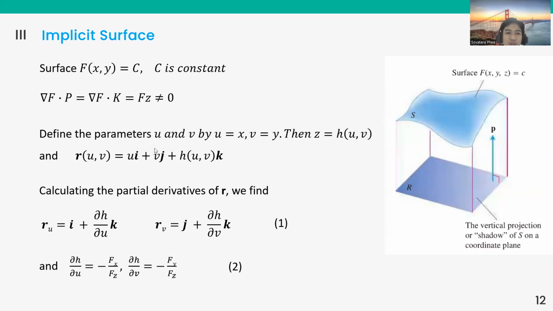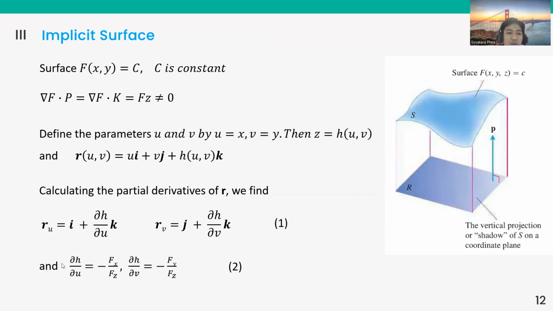They define the parameters u and v by u equal to x and v equal to y, then z equal to h of u and v, and r of u and v equal to u i plus v j plus h of u and v k. Calculating the partial derivatives of r, we find r sub u equals i plus the partial derivative of h over u times k, and r sub v equals j plus the partial derivative of h over v times k.